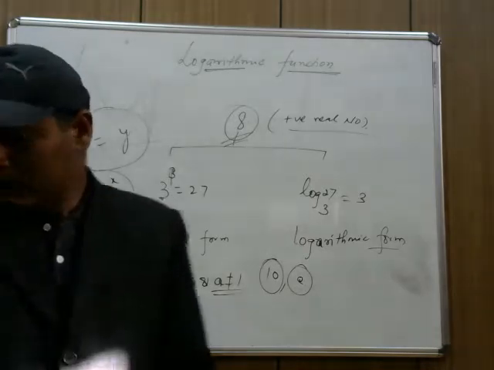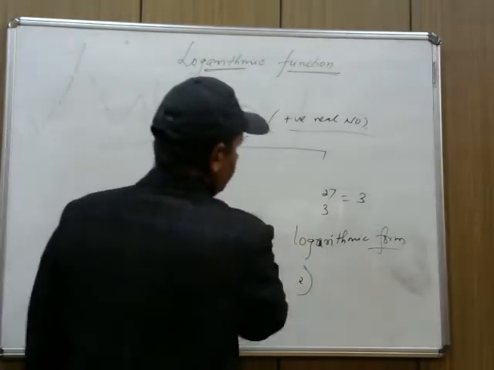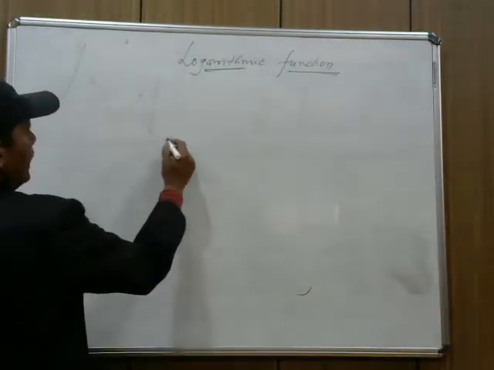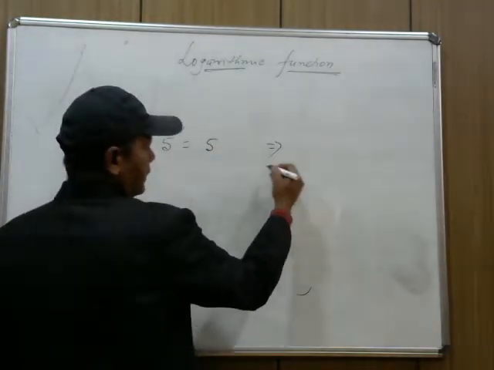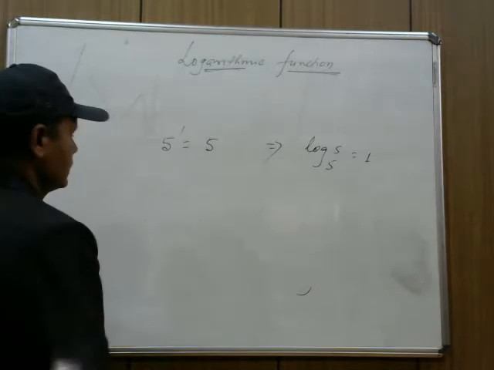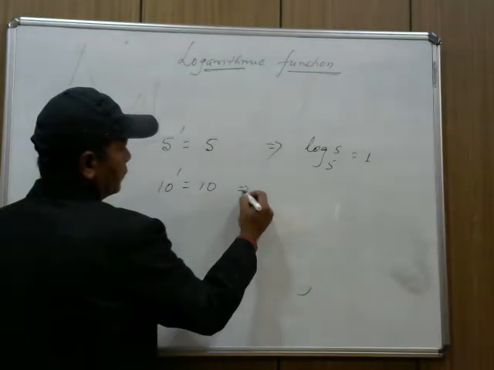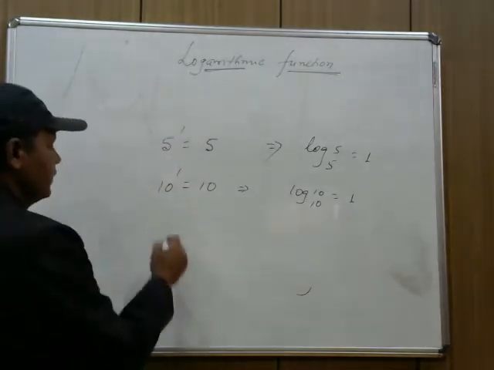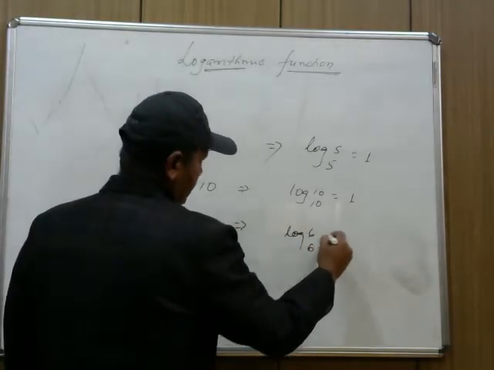Let us see some more examples. 5 to the power 1 is equal to 5, so log of 5 to the base 5 is equal to 1. 10 to the power 1 is 10, so log of 10 to the base 10 is equal to 1. 6 to the power 1 is equal to 6, so log of 6 to the base 6 is equal to 1.